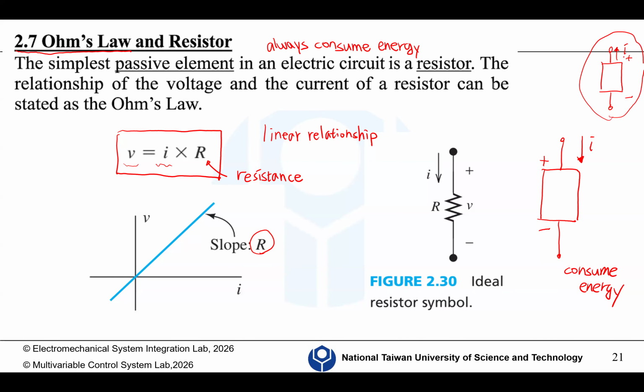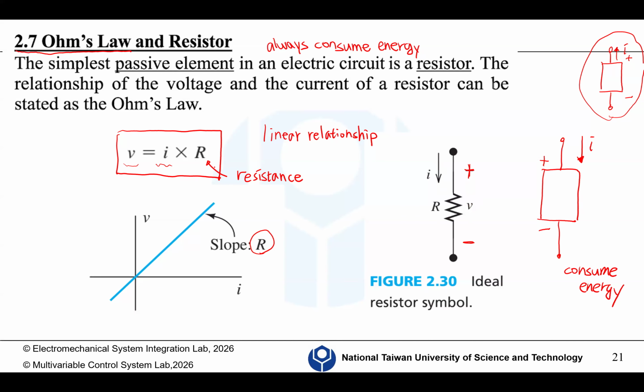Because a resistor always consumes energy, as long as we know the direction of the current, we can immediately define the positive and negative terminals of a resistor. The voltage across the resistor is V. So this is Ohm's law, and there are several forms of it.